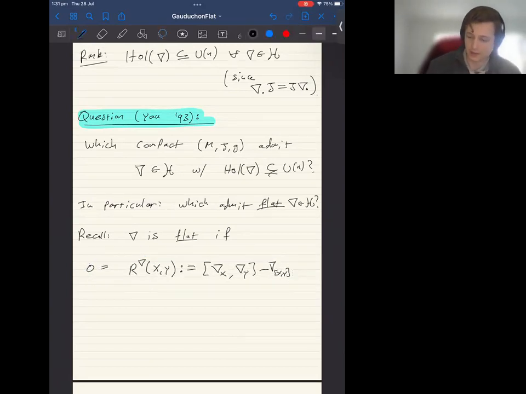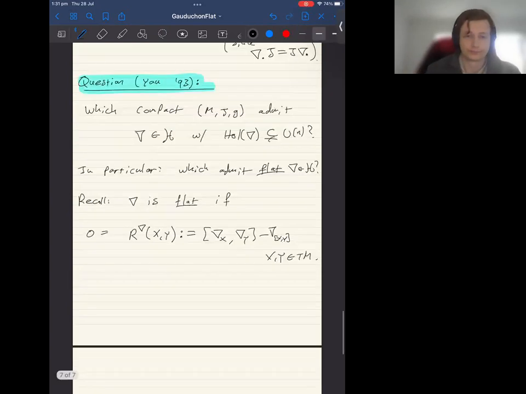I guess we want x and y in the tangent space. All right, so it's a natural question, right? If I take some Hermitian connection, say it's flat, can I say anything about the manifold? Obviously, for the Levi-Civita connection, this is very easy, well, relatively easy. It's a torus, right? Or covered by a torus.